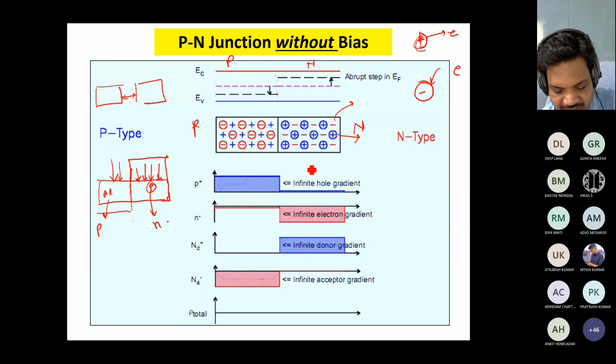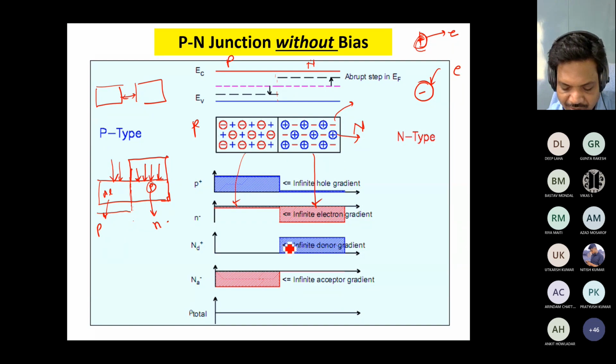Similarly, can you see the electron distribution throughout the semiconductor? On the p side, the electrons are very few, and on the n side there are mostly electrons, so electrons are more. Also note the change in the concentration of holes and electrons. Similarly, look at the distribution of the donor atoms, which carry positive charges.